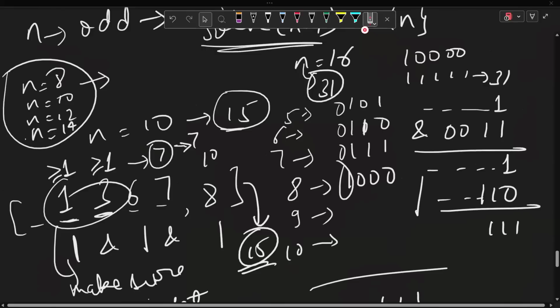We had to set all the bits, which is what we had to make 15. So to make 15, I'm using an 8 which has this bit set, because till 7 I knew I can make, if I can make 15, then I can make 7 also. So I assumed that I can make a 7, and then I use an 8 to make a 15.